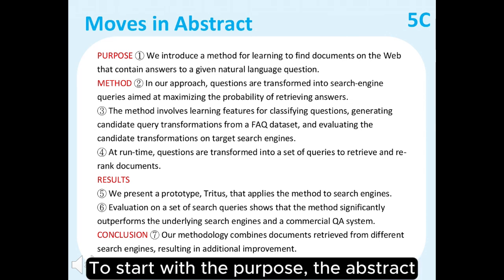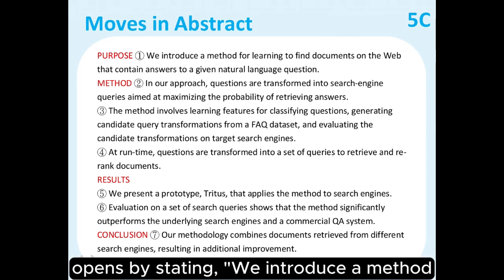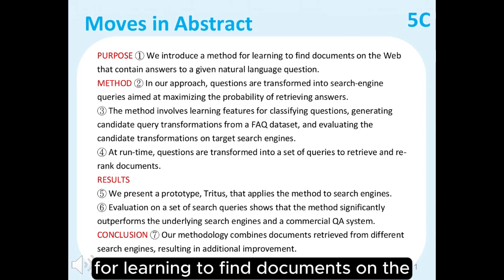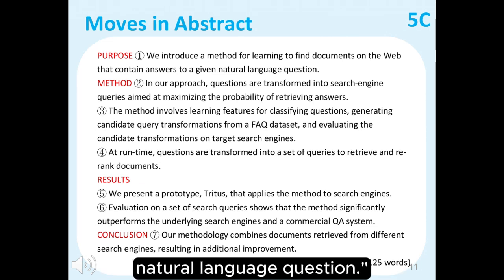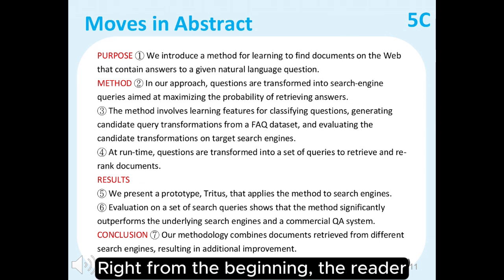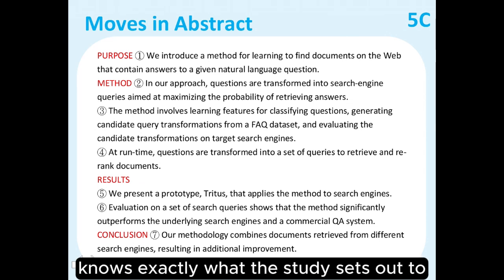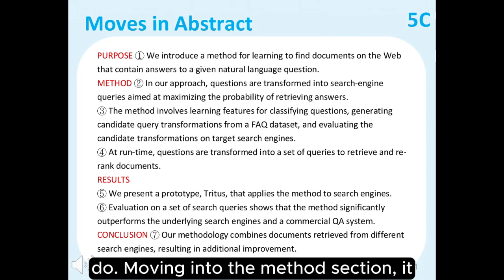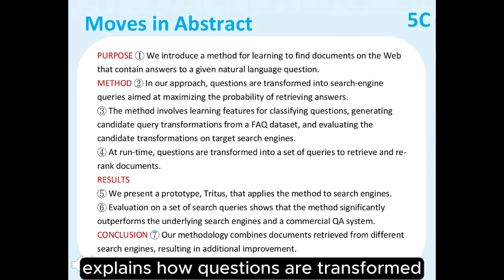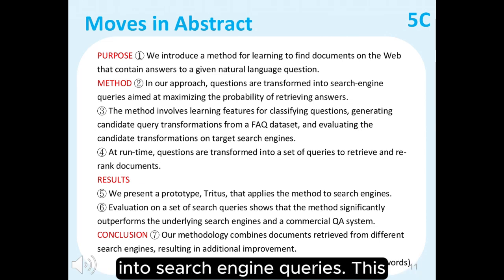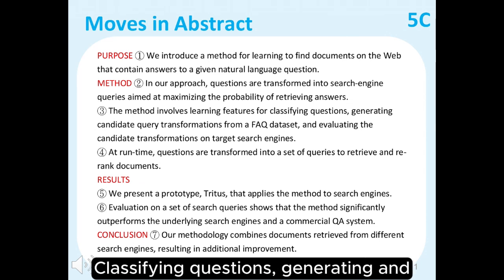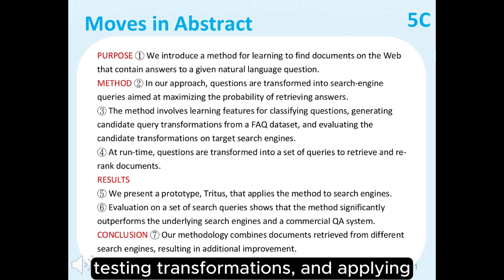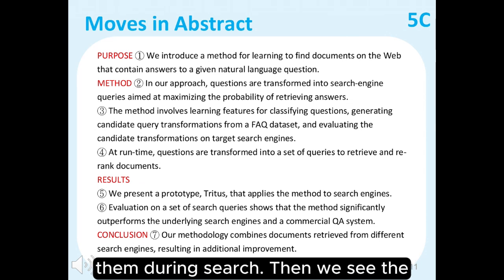To start with the purpose, the abstract opens by stating, "We introduce a method for learning to find documents on the web that contain answers to a given natural language question." Right from the beginning, the reader knows exactly what the study sets out to do. Moving into the method section, it explains how questions are transformed into search engine queries. This involves several processes: classifying questions, generating and testing transformations, and applying them during search.